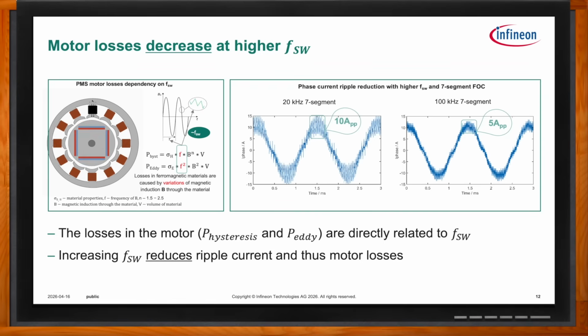And here's the answer. When you look at the motor, there are hysteresis and eddy current losses you can kind of see in this diagram on the left. And hysteresis losses also go up with frequency, and eddy current losses go up with the square of frequency. But there's another component there, the B, which is the flux density.